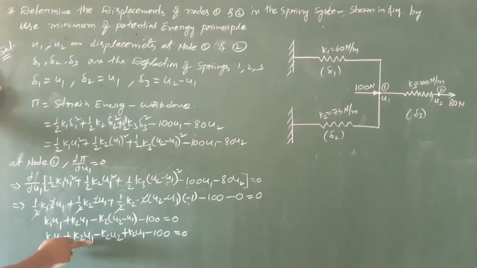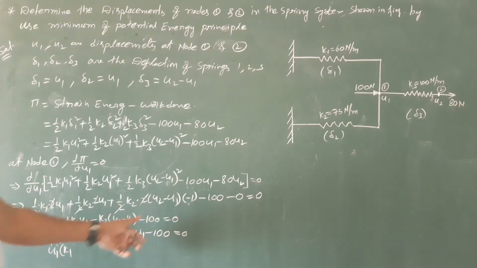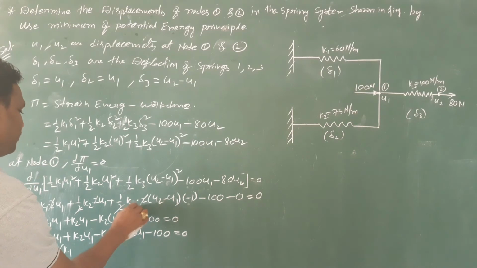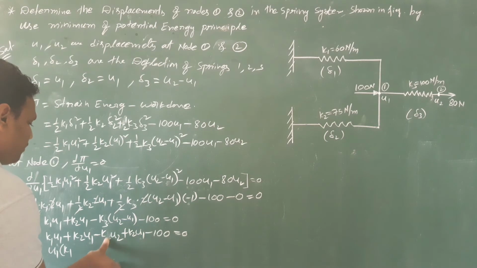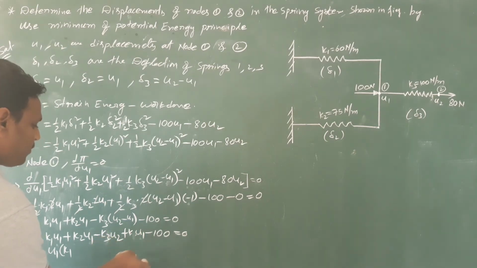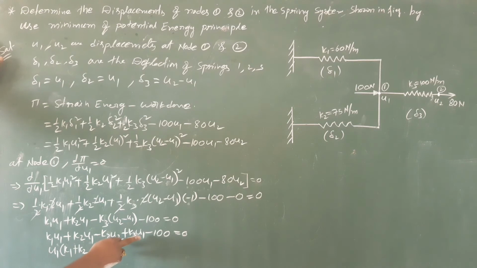Now simplify this equation. u1 is there, u1 is there, u1 is also here. That is, u1 is common to all the components: u1 into (k1 plus k2 plus k3).